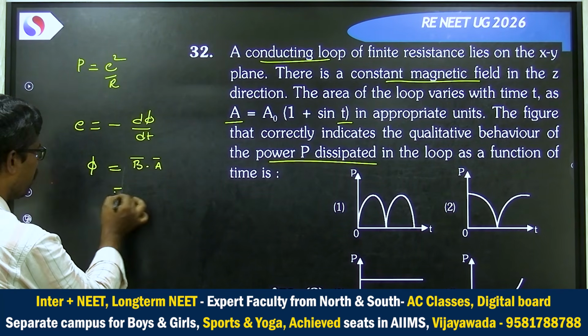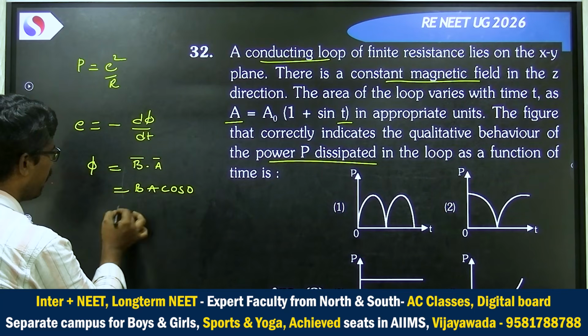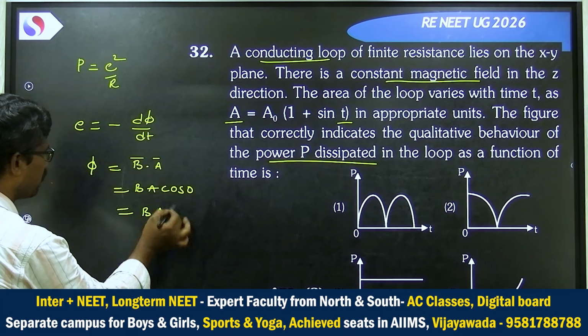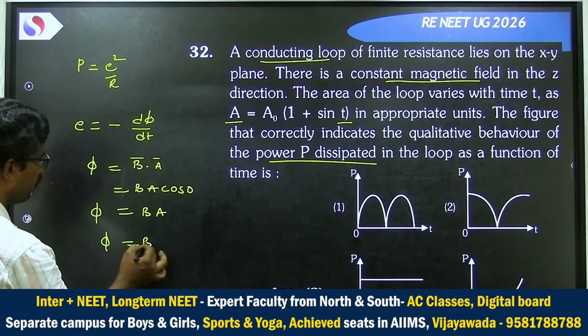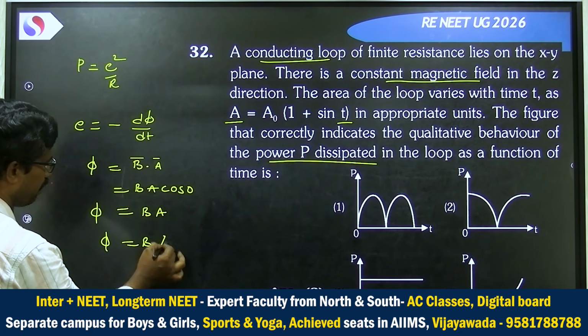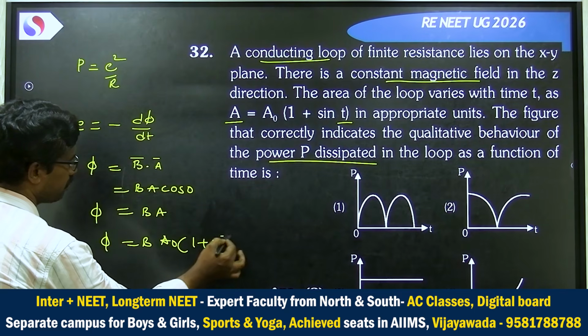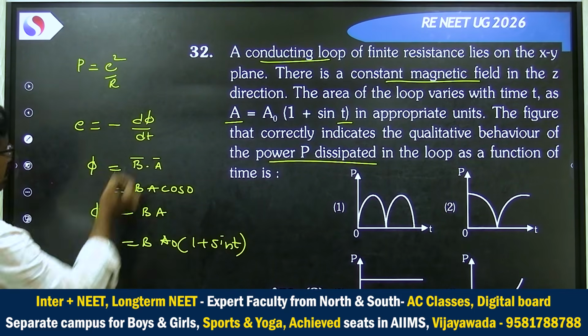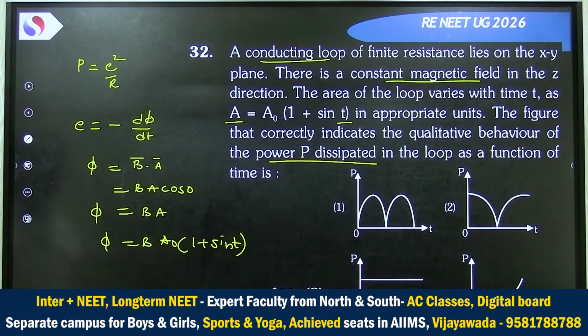That's why we write B dot A is equal to BA cos 0, that is equal to BA. Here the flux phi is equal to B into the area, which changes with time. That is equal to A naught into 1 plus sin t. Okay, we have to differentiate with respect to time. We get the EMF. We have to put the value of EMF in power. We get the dissipative power.